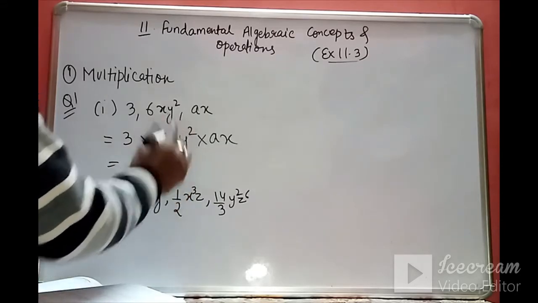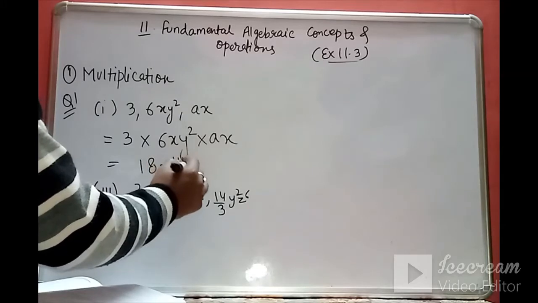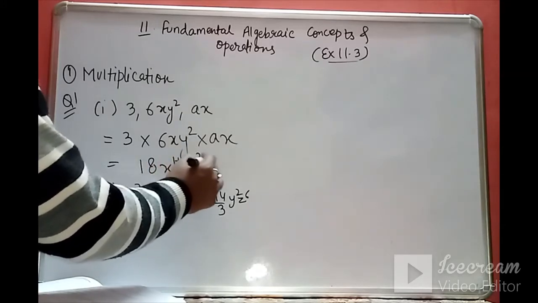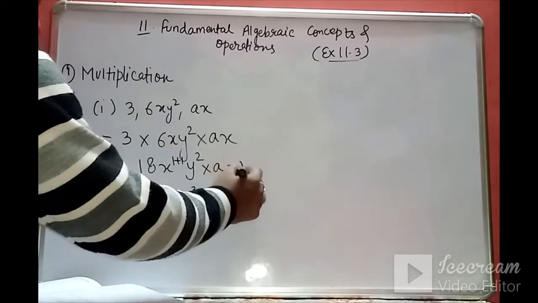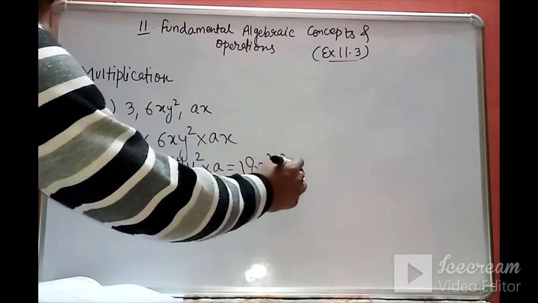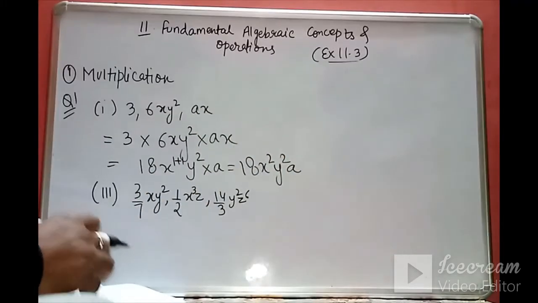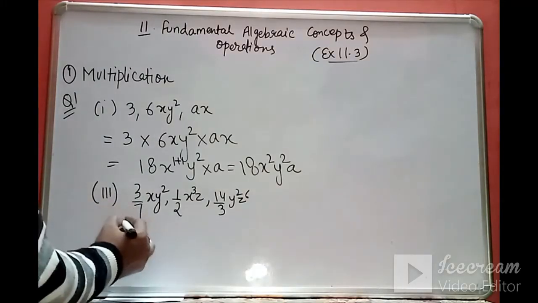Here the power of x is 1, and here is also one more power 1. Then it is y square into a. So finally what will I get? I will get 18x square y square a. Okay. So we will use the concepts of exponents that we have studied in the previous classes.